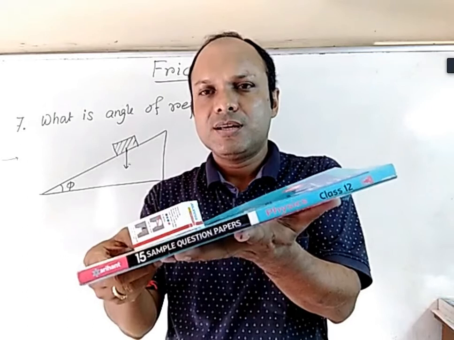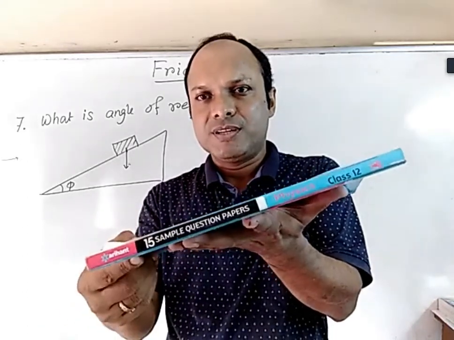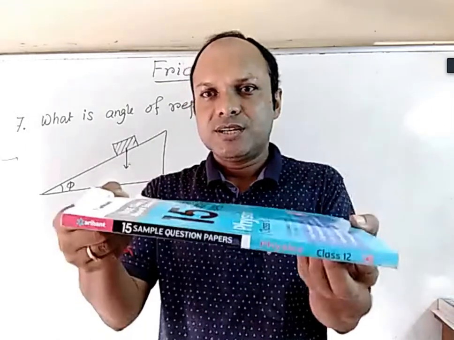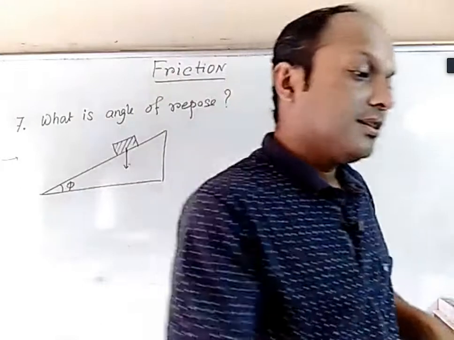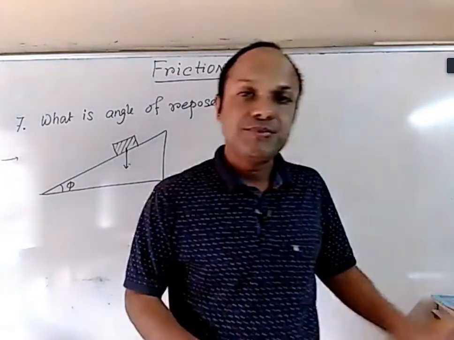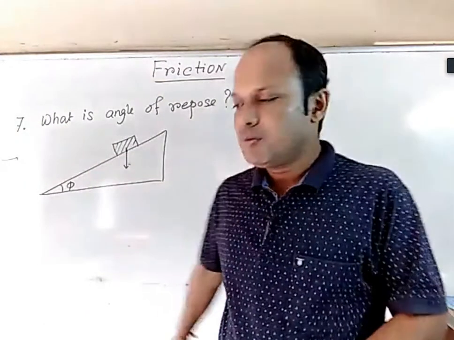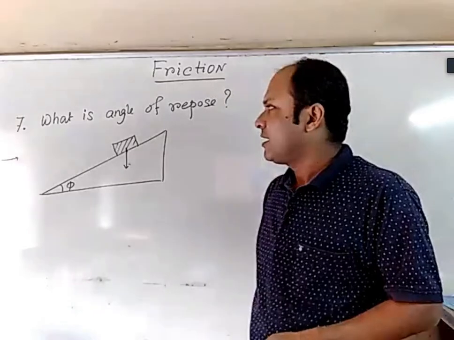Just at this particular angle of inclination of this surface, the object is about to slide. That minimum value of the angle for which the object just starts its motion, that angle is called angle of repose.